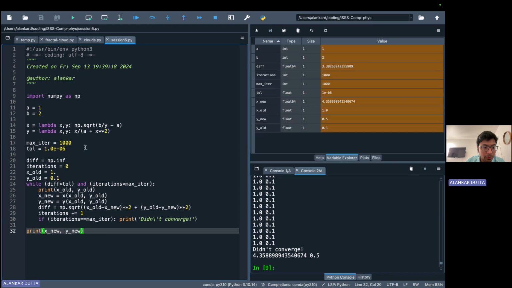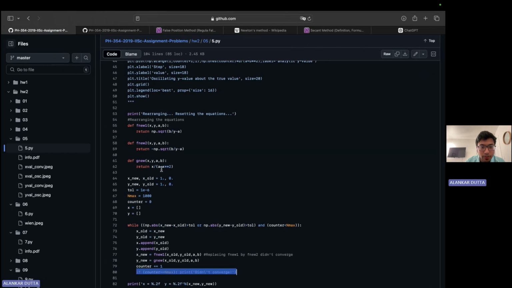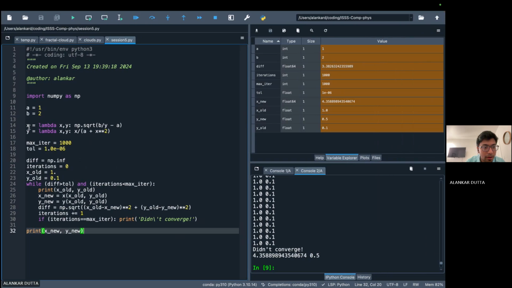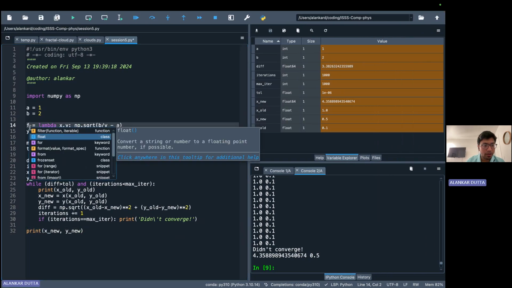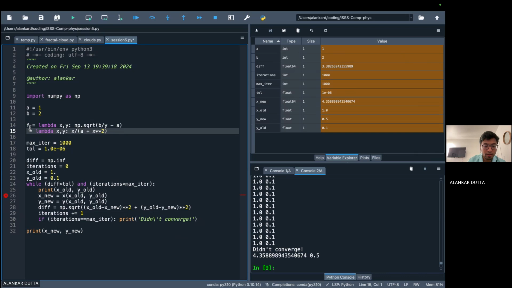So we have done this x by a plus x square, and this is b by y minus a. Let's call this f. Let's call this g.